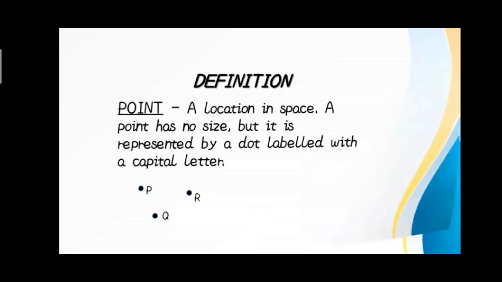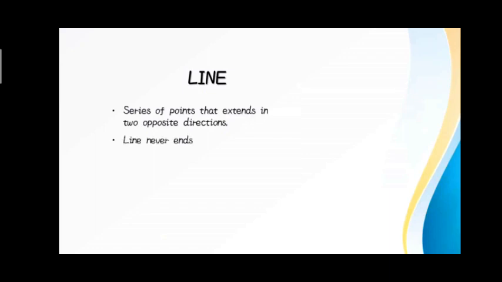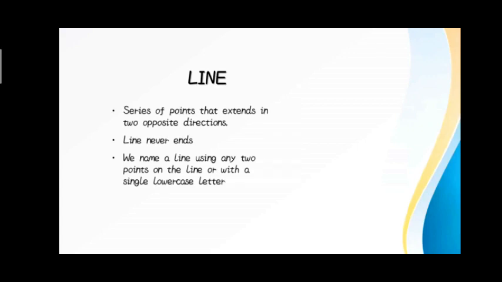Now what was the second we have read? That was line. What is a line? A series of points that extends in two opposite directions. Right? A line never ends. We name a line using 2 points on the line or with a single lowercase letter. Let's take an example.